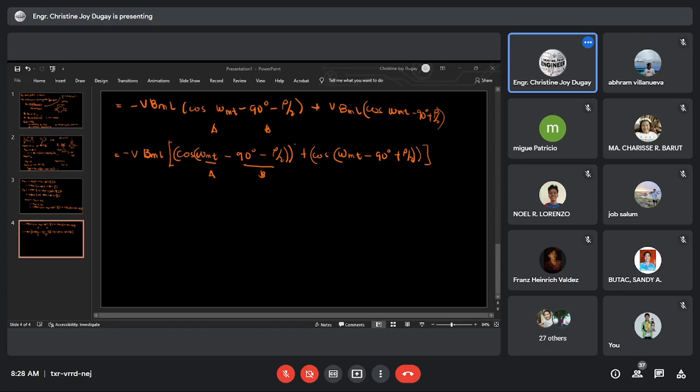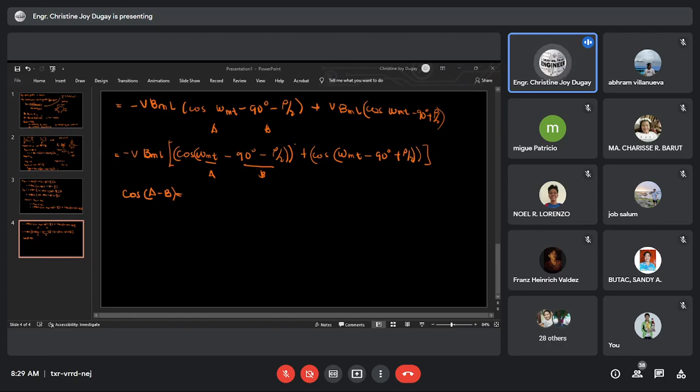Sure po. No? Ay, not sure. Bakit? Hindi po ba siya less? Ha? Hindi po ba less yung kasi negative VBML po yung linabas natin. Negative VBML. So, ay, oo pala. Magiging less na siya.